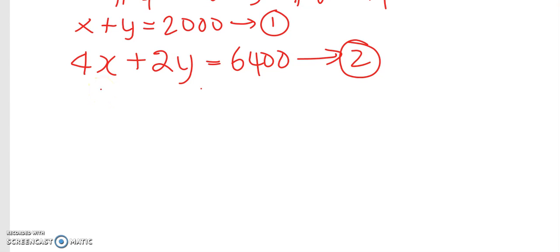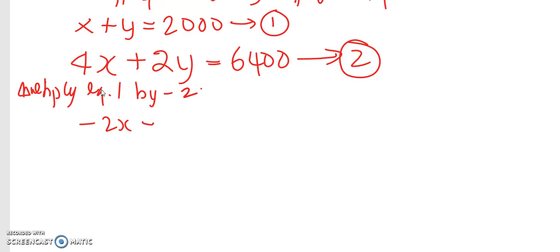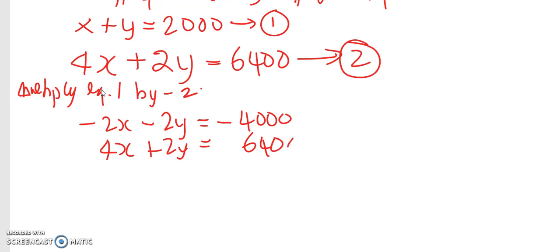Okay, so in this case I'm going to multiply equation 1 by -2. So that becomes minus 2X minus 2Y is equal to minus 4,000. Now I'm going to take equation 2 and bring it over here, which is 4X plus 2Y is 6,400.